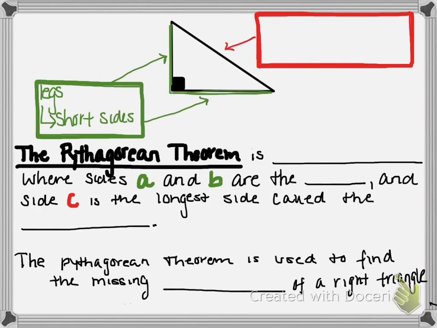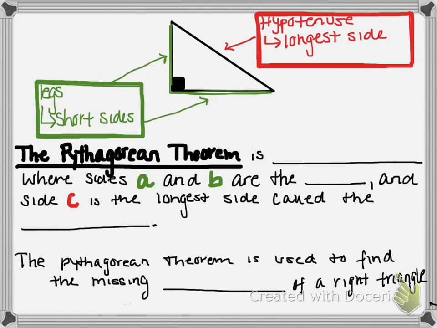Then inside of my red box, we have something called, and you may have heard this word in geometry last year, the hypotenuse. Okay, and with the hypotenuse, there's a couple things that are important. Your hypotenuse is always the longest side of your triangle. The longest side in your triangle. So no matter what, it's going to be the longest in length.